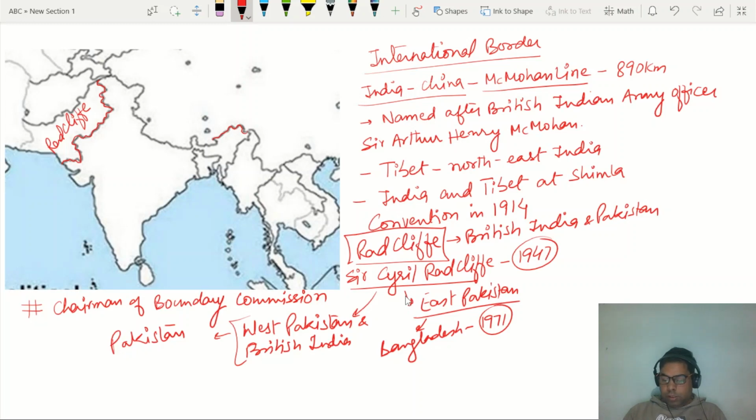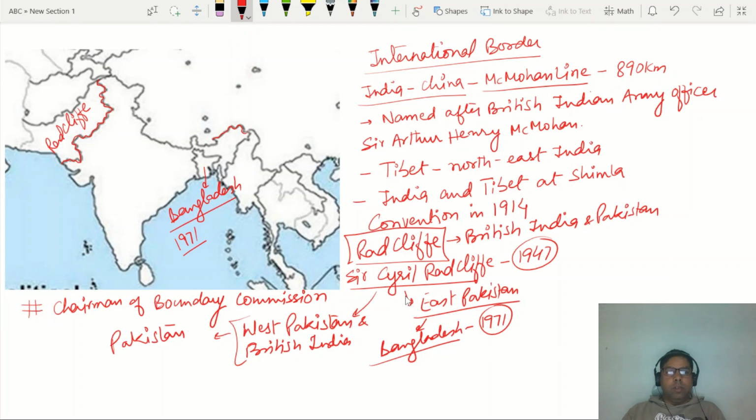The name Bangladesh means the land of the people belonging to the Bangla language, right? This whole region was part of what was earlier known as East Pakistan, which got liberation in 1971 from Pakistan.